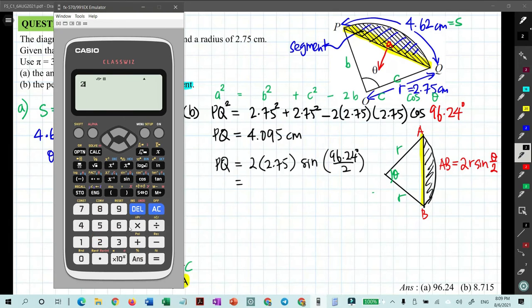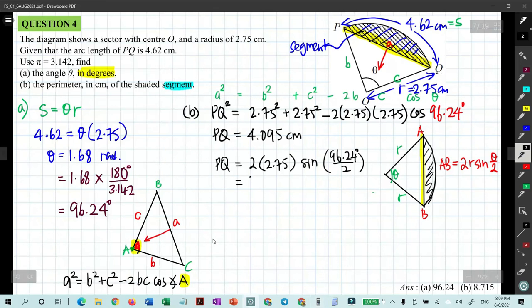So 2 times 2.75 sine 96.24 divided by 2. Let me close the bracket and press equals. You see, we get the same answer.